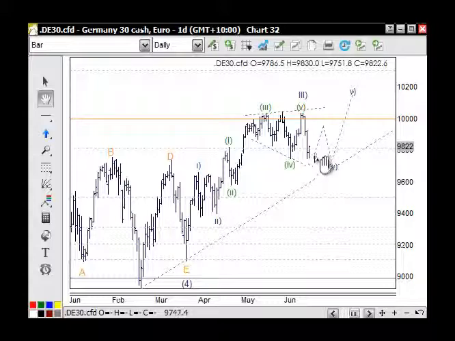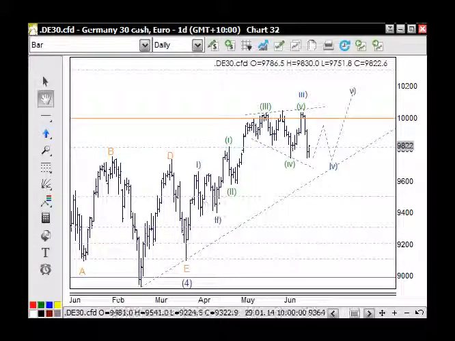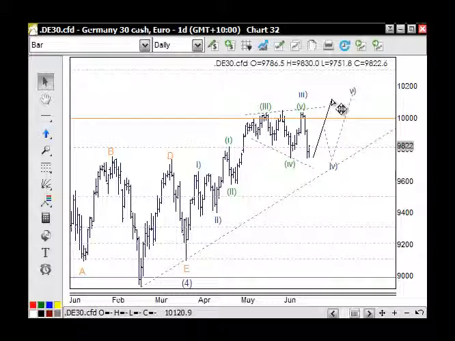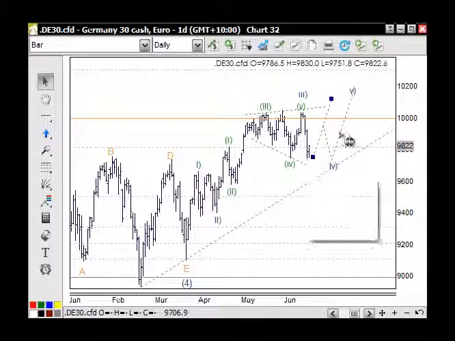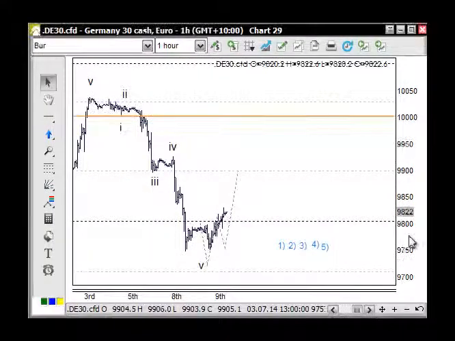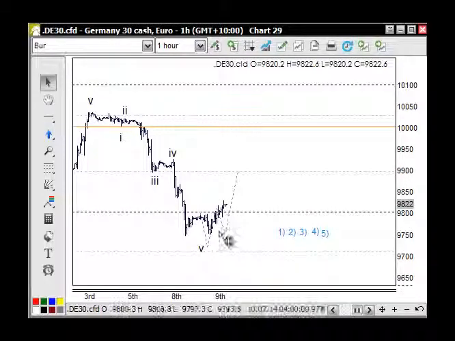However, it can move straight up from that point there as well. So we just need to observe the price action as it unfolds. So that wave 4 can be in here, and looking for wave 5 up through here. I just want to see some price action come into play through here as such.